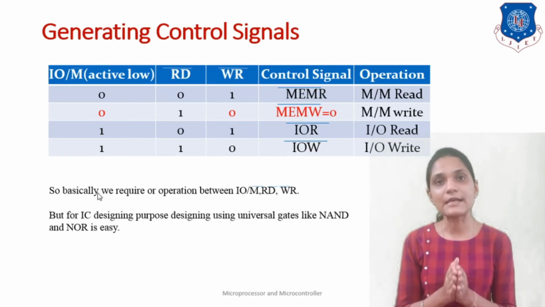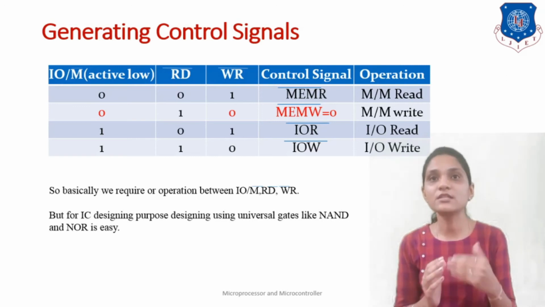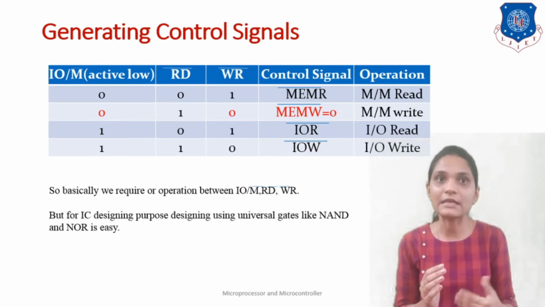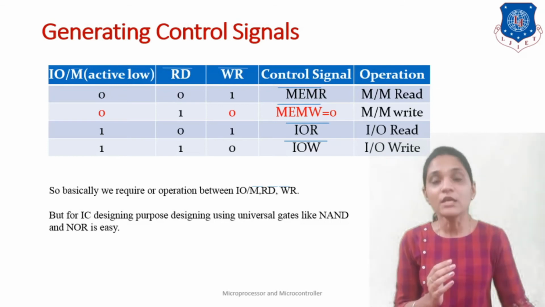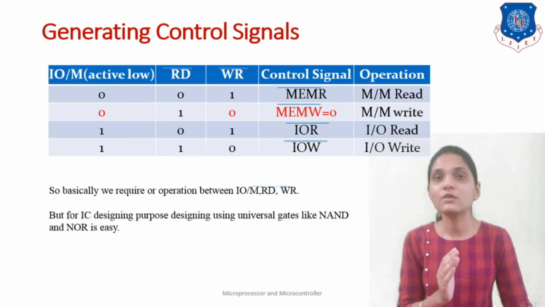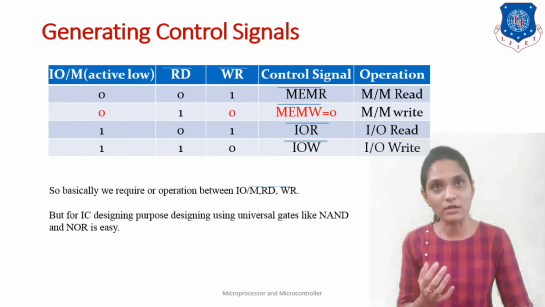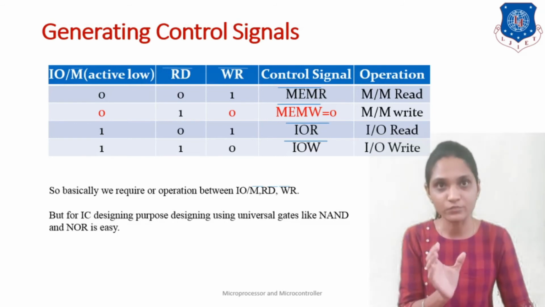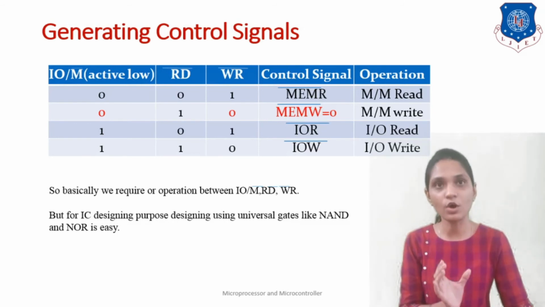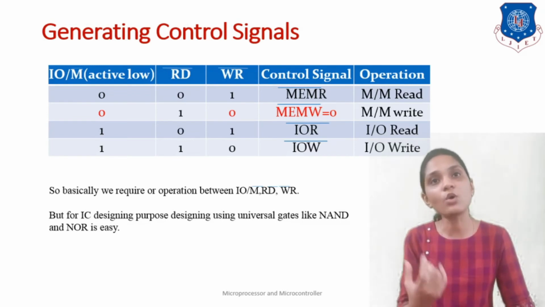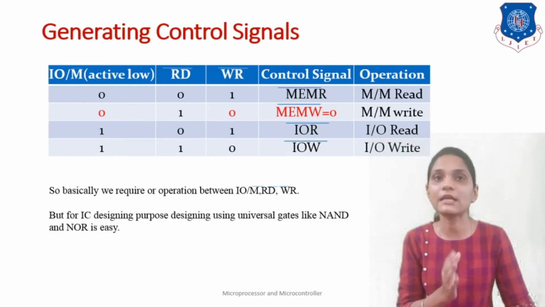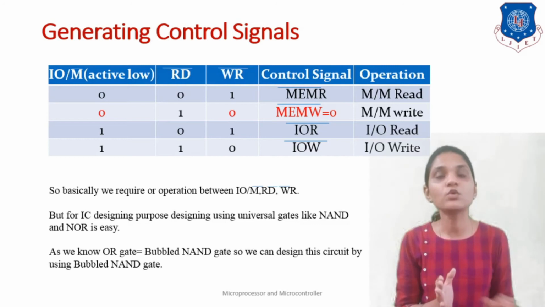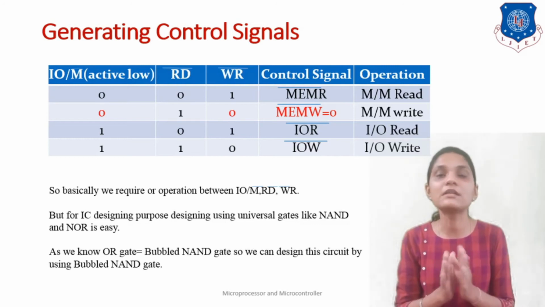For IC designing purposes, we generally use universal gates like NAND and NOR gates. So we have to design this circuit using NAND and NOR gates. The basic operation is ORing, but we have to generate this OR gate using universal gates like NAND or NOR. As we know, an OR gate is equal to a bubbled NAND gate.